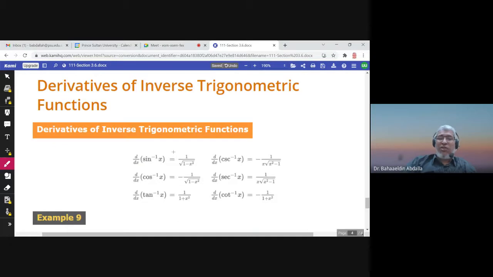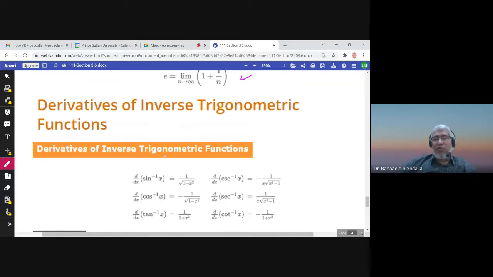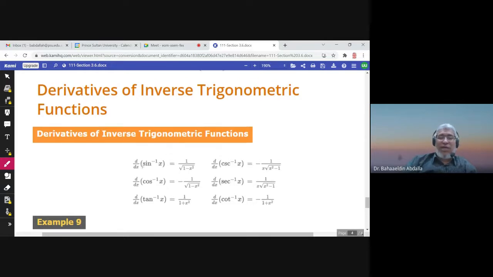You know, inverse trigonometric functions, sine inverse, cosine inverse. We studied these functions before, and there was a domain we chose for each trigonometric function to be able to have an inverse, because the trigonometric functions are not one-to-one. So for example, to find the derivative of sine inverse x, we can find it easily by doing this.